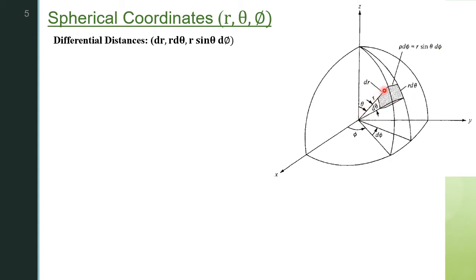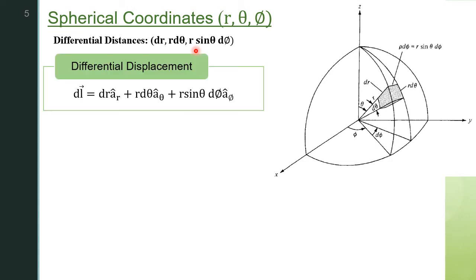Now when you consider this small sector, this angle is d theta, and this radius is r. So the length of this arc, corresponding to radius r and angle d theta, is r d theta. Thus, the differential distances along the 3 directions are dr, r d theta and r sin theta d phi in the spherical coordinate system.